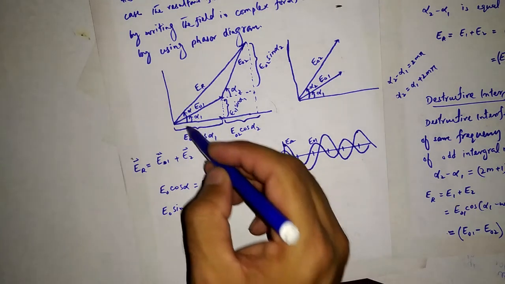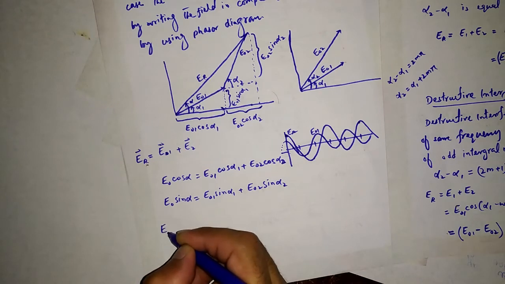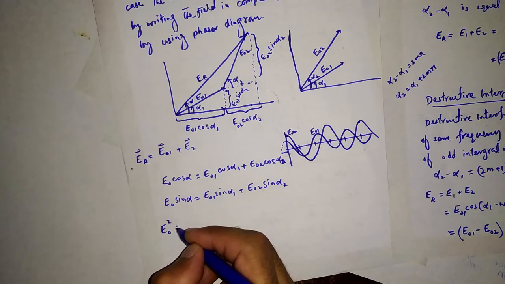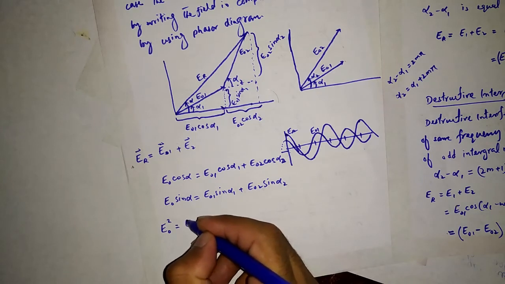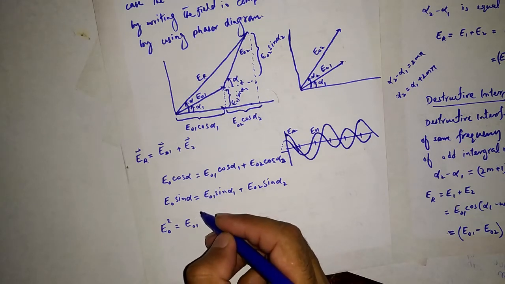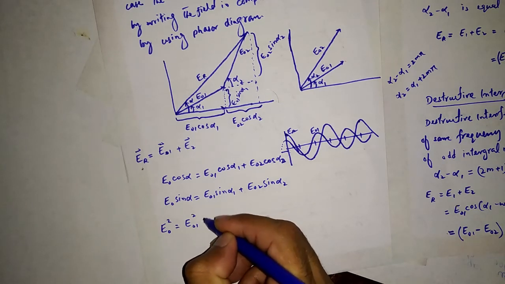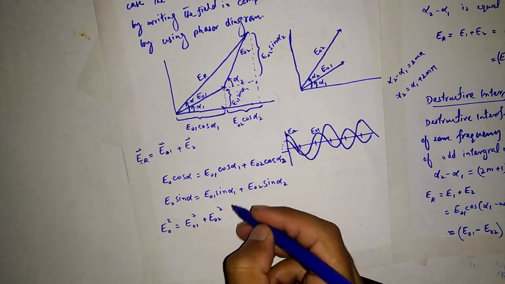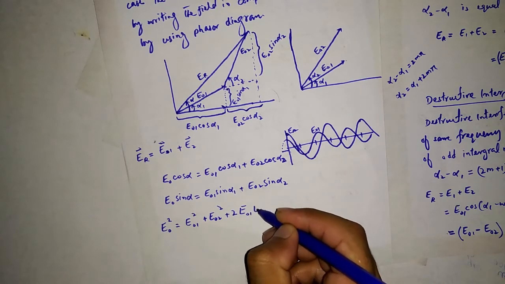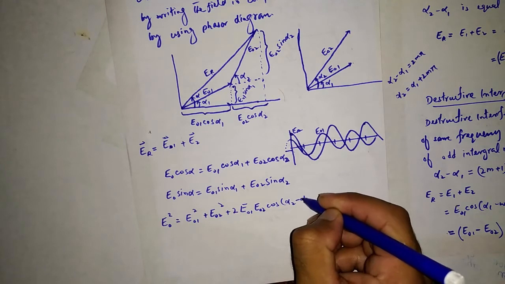So the magnitude of the resultant wave can simply be found by Pythagoras theorem, which is E naught square is equal to E naught 1 square plus E naught 2 square plus 2 E naught 1 into E naught 2 cos of alpha 2 minus alpha 1.